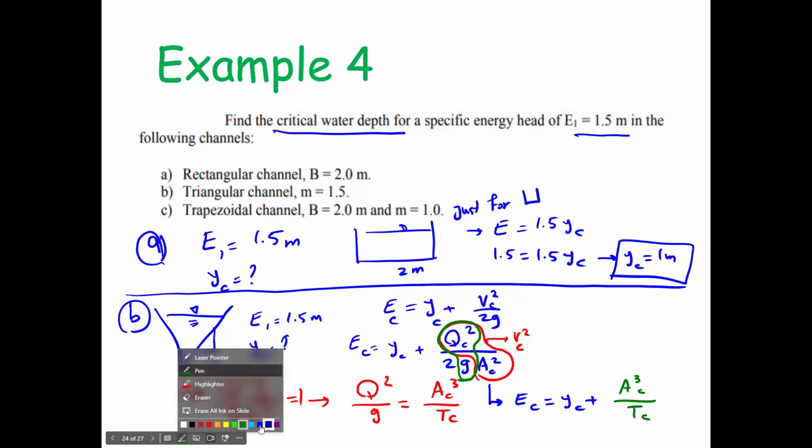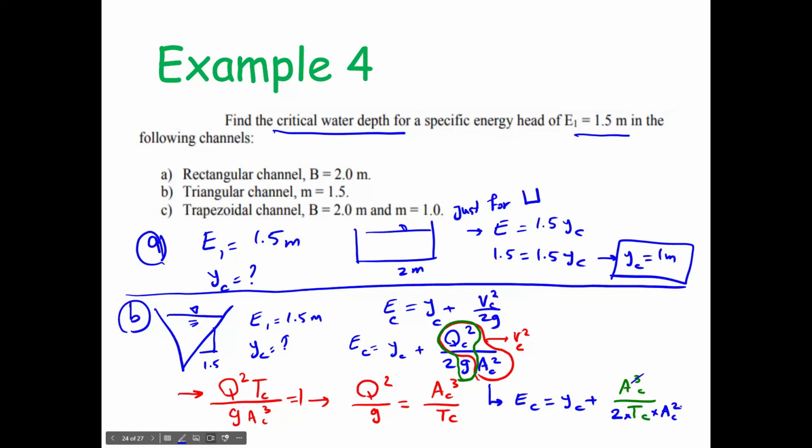And I will keep the rest here. I have a 2 here. I have an area here. I can cancel out these ones. So I will have EC equal to YC plus AC over 2 multiplied by TC.